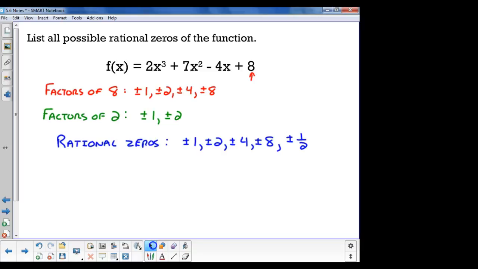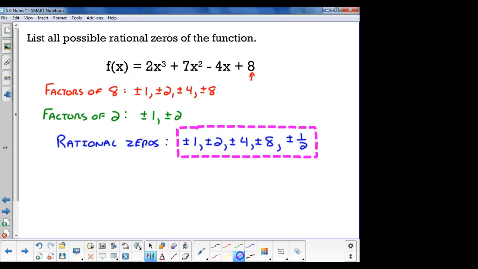Now, hopefully, if we watch this screencast, you'll see a yellow circle around those when I was pointing. So there are all of my rational zeros from this function. Again, I've taken that infinite amount, I've narrowed it down to 10.